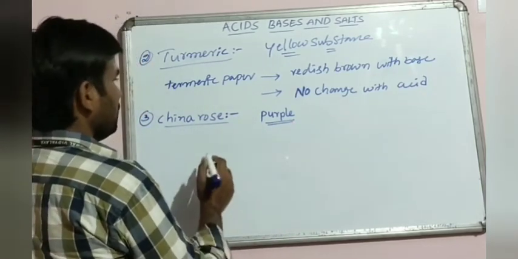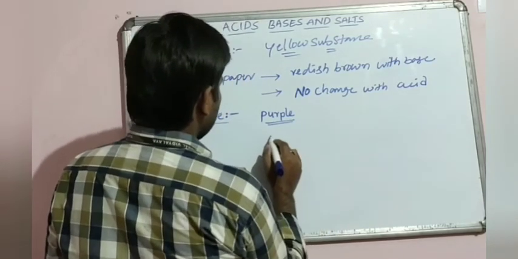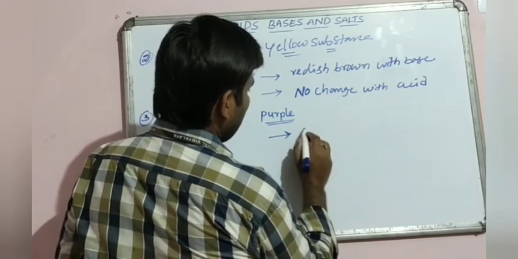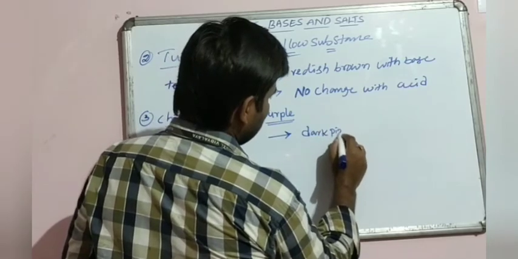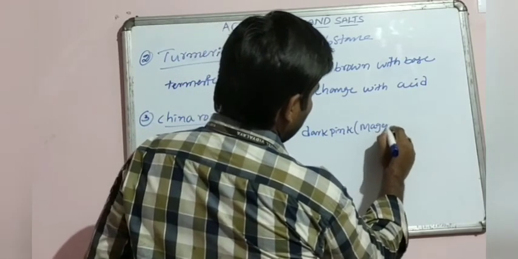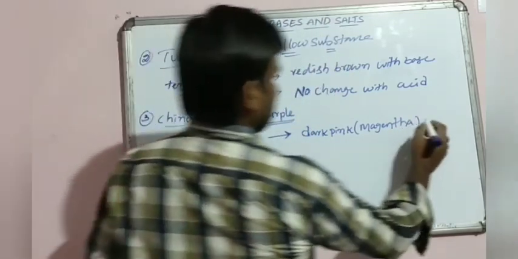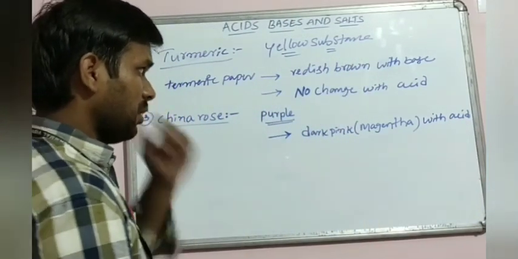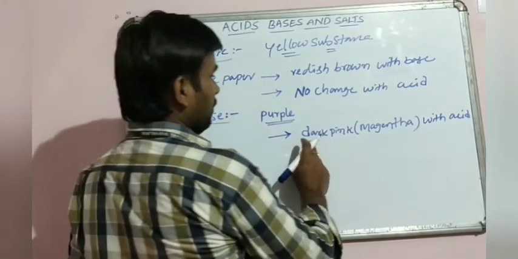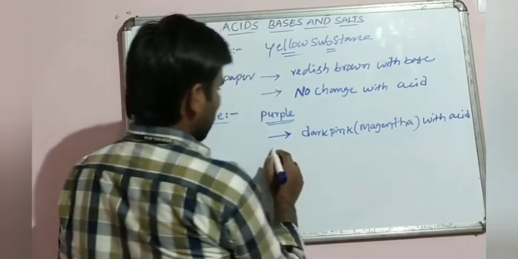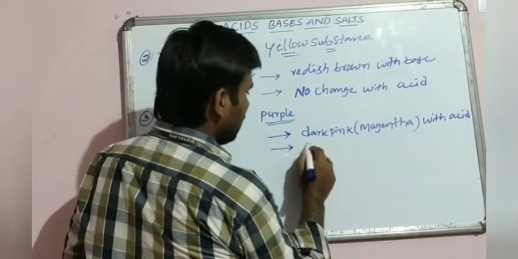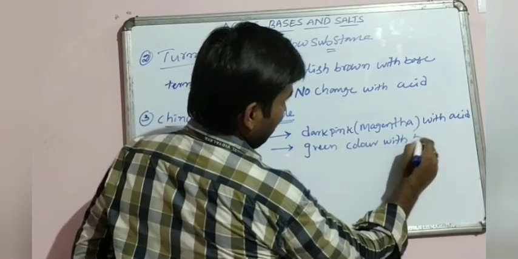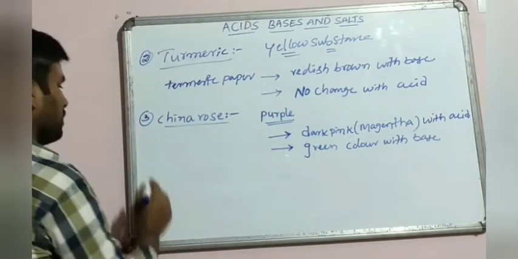With acid, the China rose indicator turns to dark pink or magenta, and it turns to green with bases, the basic solutions.